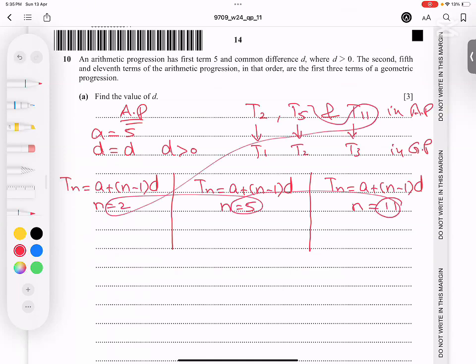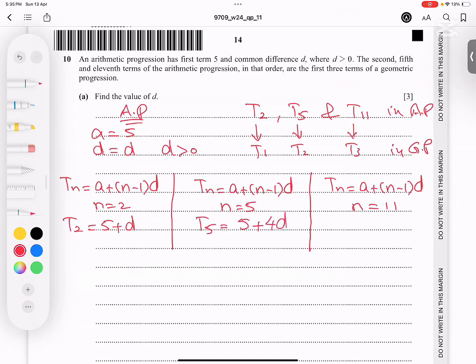And A is 5 for every term. So T2 is equal to 5 plus 2 minus 1, which is 1D. T5 is equal to 5 plus 4D. T11 is equal to 5 plus 10D.